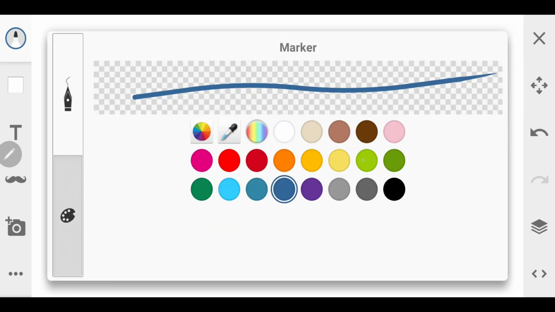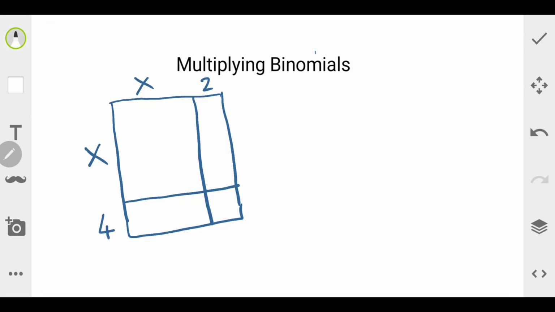Let's change the color. Okay, so some of you have already done this, and let's try one of the ways. We can think of this side, which is x plus 4.